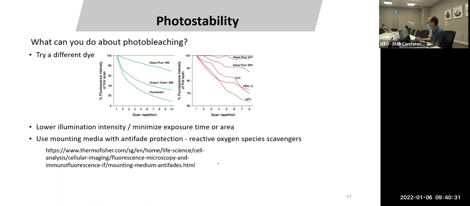There's a link where you can read about the anti-fade. Basically, what's inside the anti-fade is some chemicals that react with the oxygen species that I talked about, the singlet oxygen. So it scavenges the singlet oxygen so that it doesn't cause too much damage to your fluorophore.